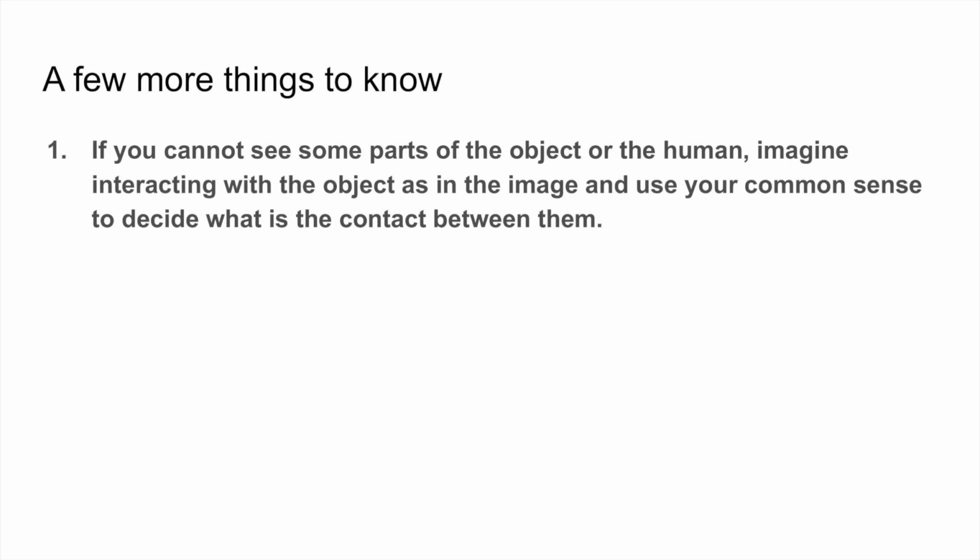There are a few more things that you should know to make your work better. First one is, if you cannot see some parts of the object or the human, imagine interacting with the object as in the image and use your common sense to decide what is the contact between them.